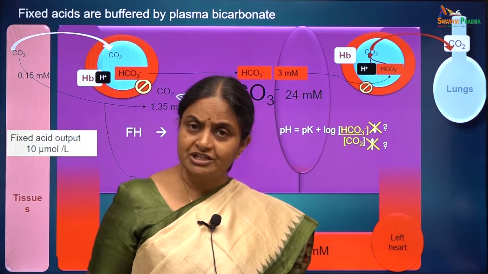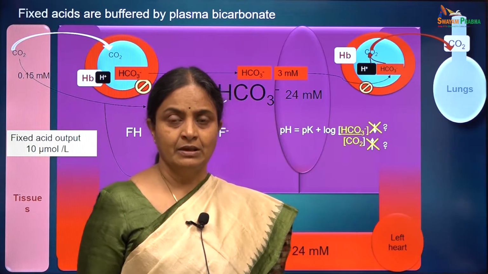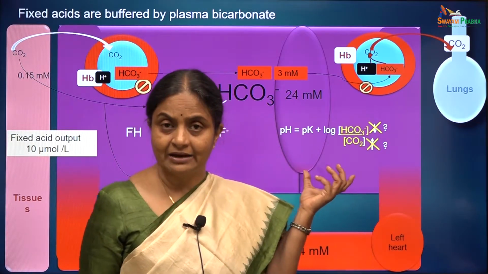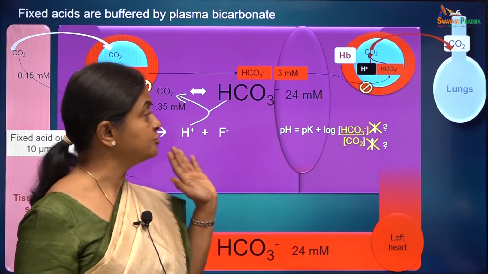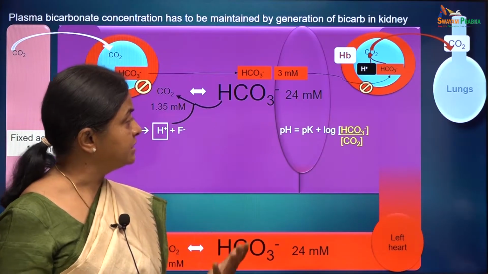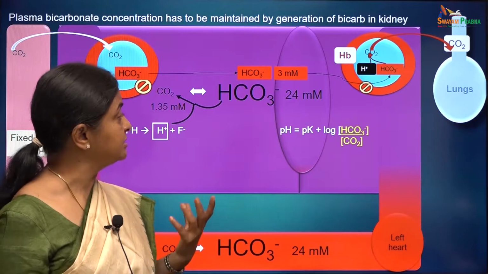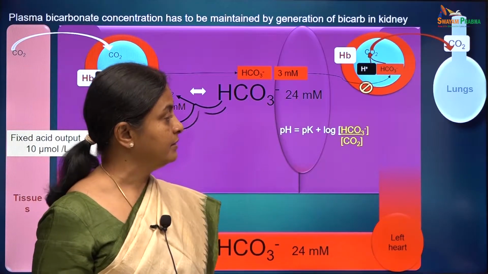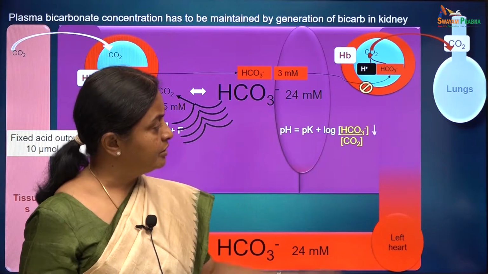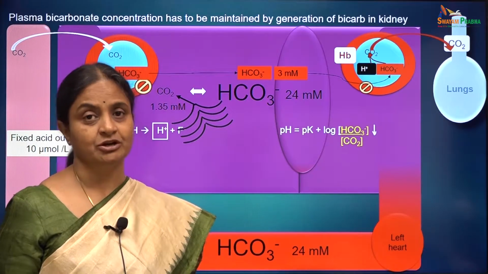Will it not change the pH at all? For that liter of blood it is okay, but if that blood continued to circulate and if bicarbonate is constantly consumed by the fixed acids, then there will be a reduction in bicarbonate concentration.